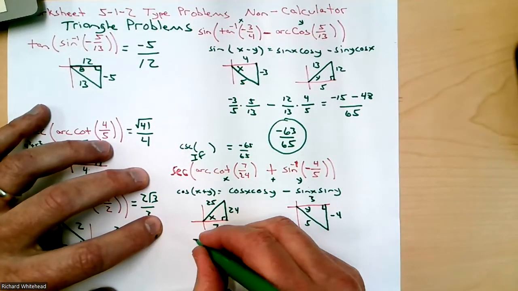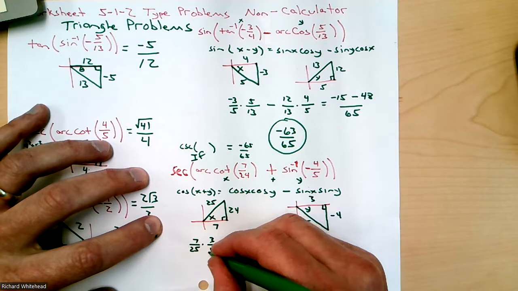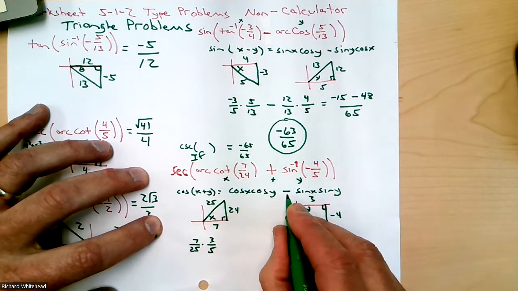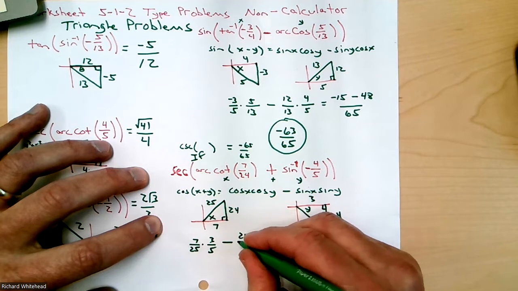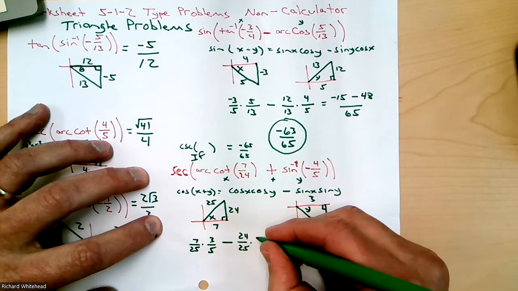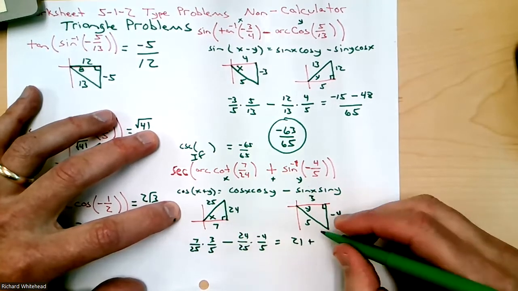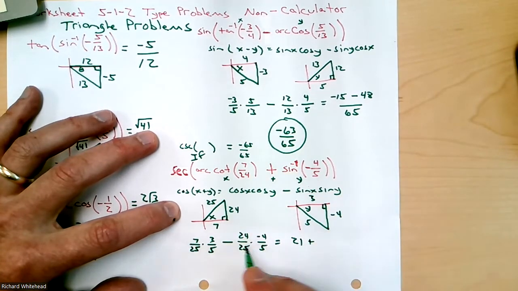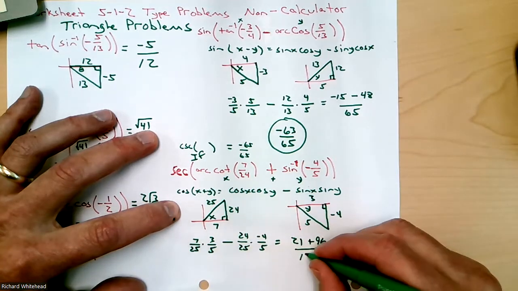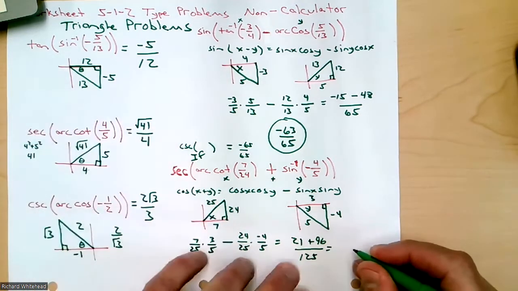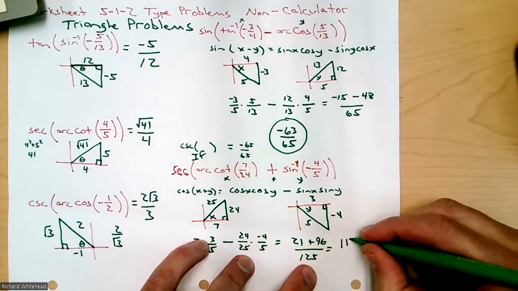So cosine of x, 7/25. Cosine of y, 3/5. Minus sine of x, 24/25. Sine of y, -4/5. So 21 plus, what do we get there? 96/125. So what do we end up with here? Is that 117?